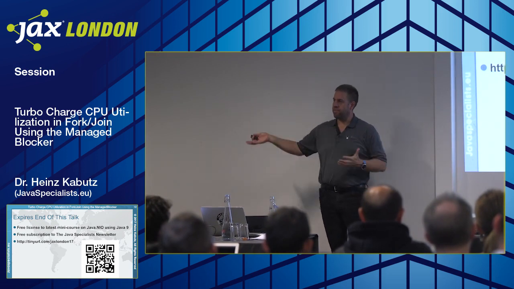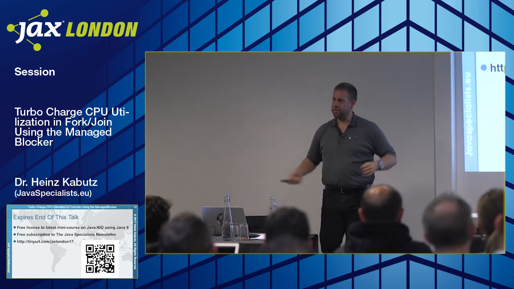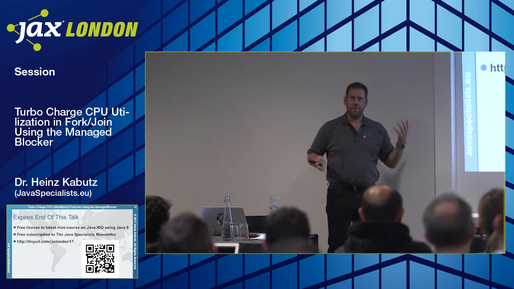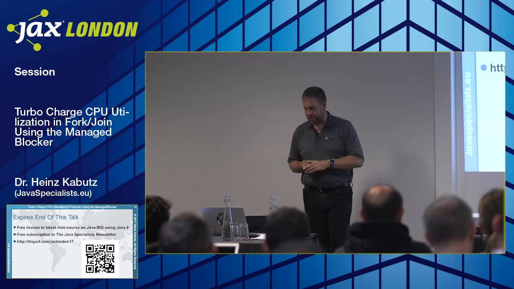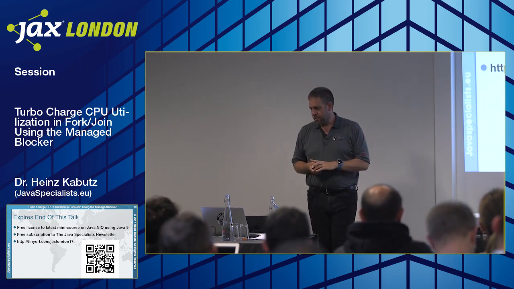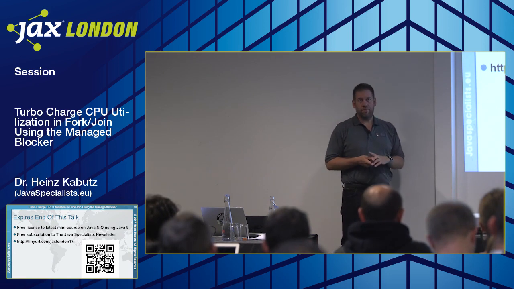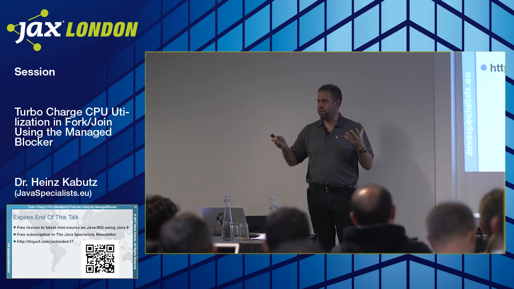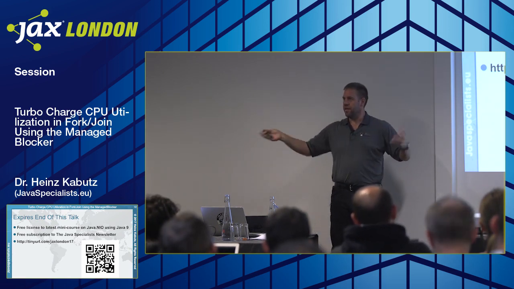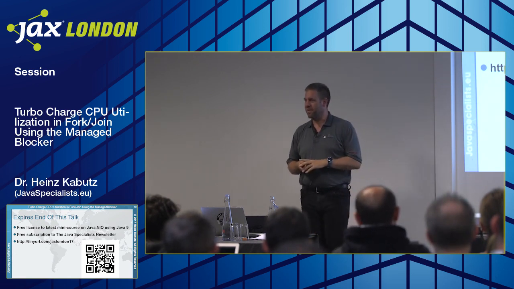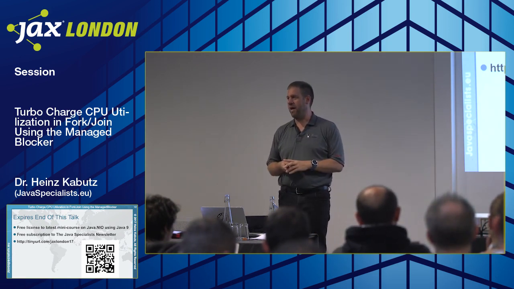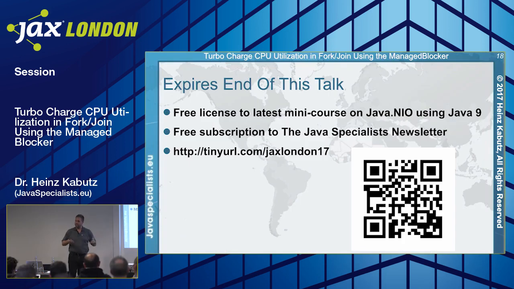You had to create a special ForkJoin pool to use for this, and then configure it and know the right sizes. And the problem with having thread pools is that if lots of different parts of your code construct thread pools, you get an explosion of threads in your system, far more than you really want to have. Having a common ForkJoin pool, I think, is the right idea, to have one place that we use.